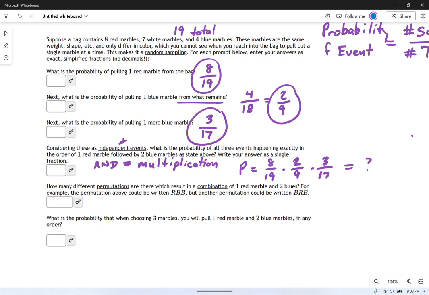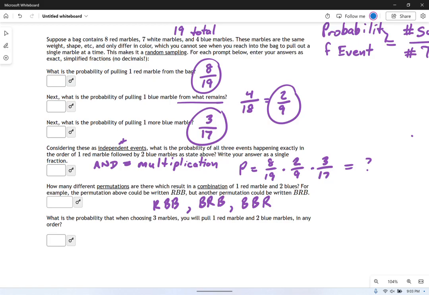Now, here's the wrinkle. There is more than one way to pull 1 red marble and 2 blues out of this bag. I'll give you some examples. You could go red, blue, blue. That's a possibility. But another way you could do this is blue, red, blue. And another possibility is blue, blue, red. Those are all possible ways to pull out 1 red and 2 blues.